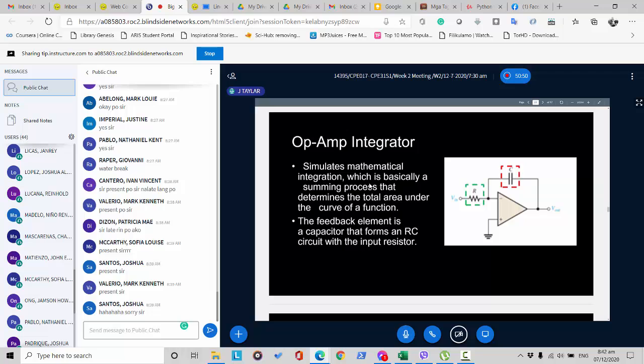That is, we can cause the output to respond to changes in the input voltage over time, as the operational amplifier integrator produces an output voltage which is proportional to the integral of the input voltage. The opposite, or the other type of mathematical simulator for operational amplifier, is the differentiator, and we'll discuss that later.